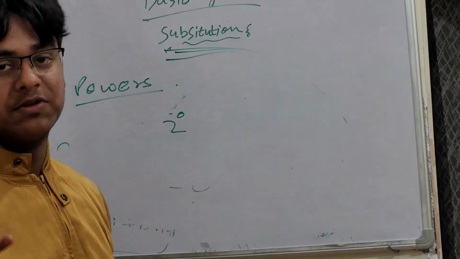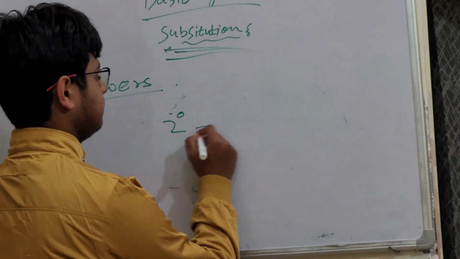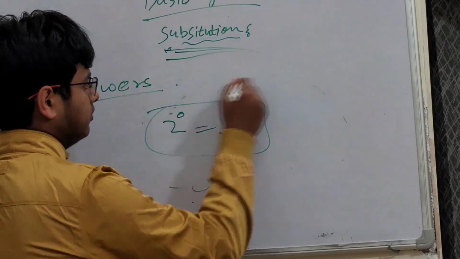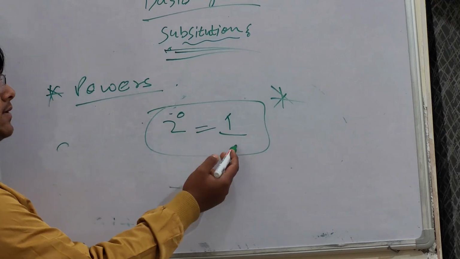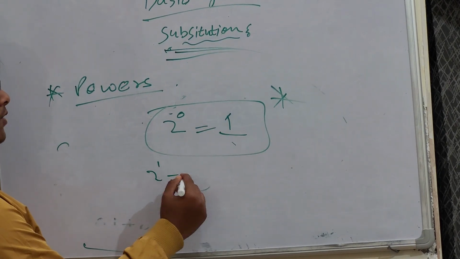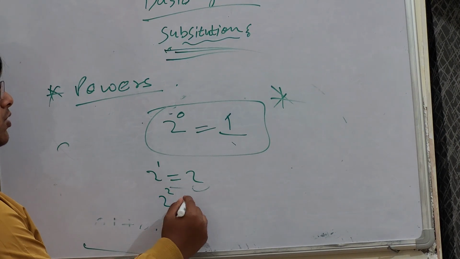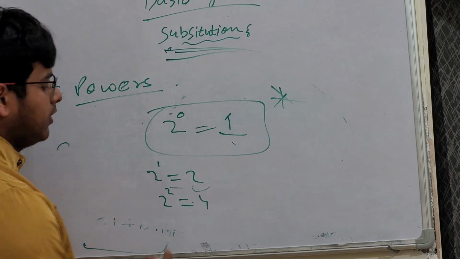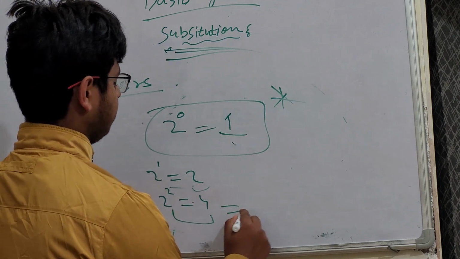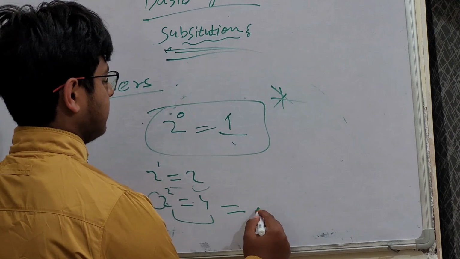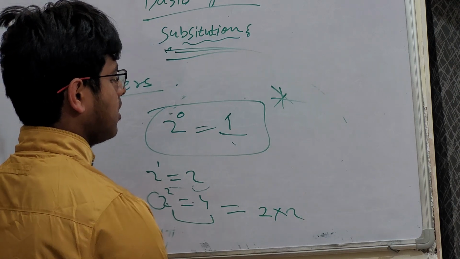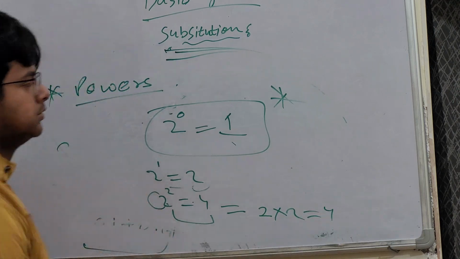Anything raised to the power 0 is always 1. Make sure to remember it. 2 to the power 1 is 2. 2 to the power 2 is 4. How is it 4? Because you are multiplying the same number twice. For example, 2 times 2, you get 4, right?